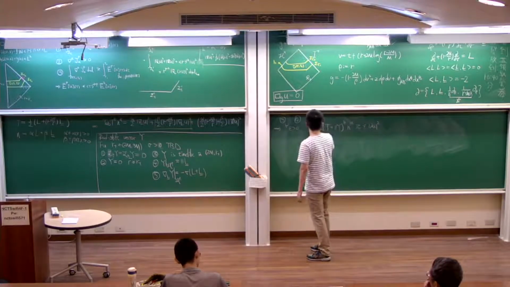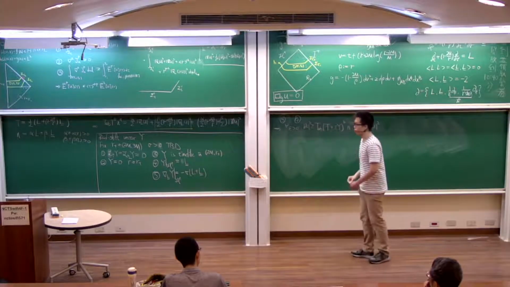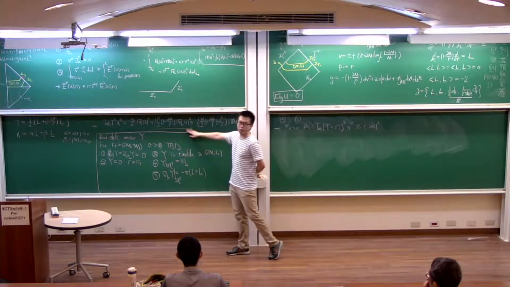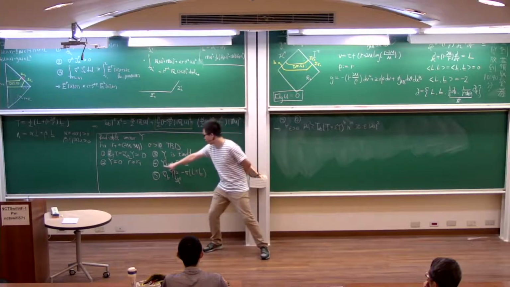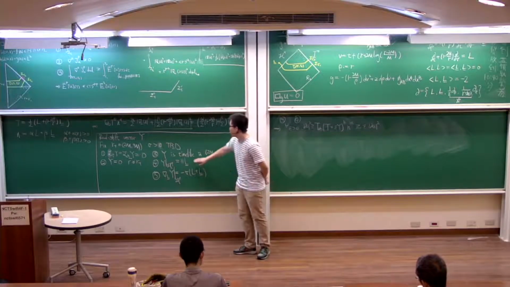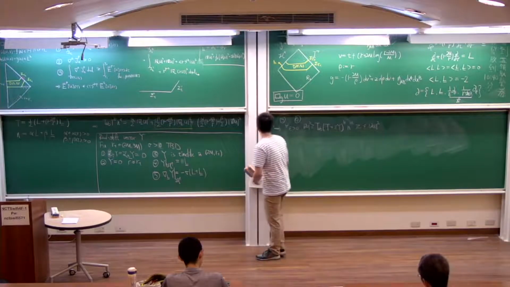And it's always bounded by du squared. Because the degeneracy occurs along the event horizon, and we add a direction which is exactly the degenerate direction.